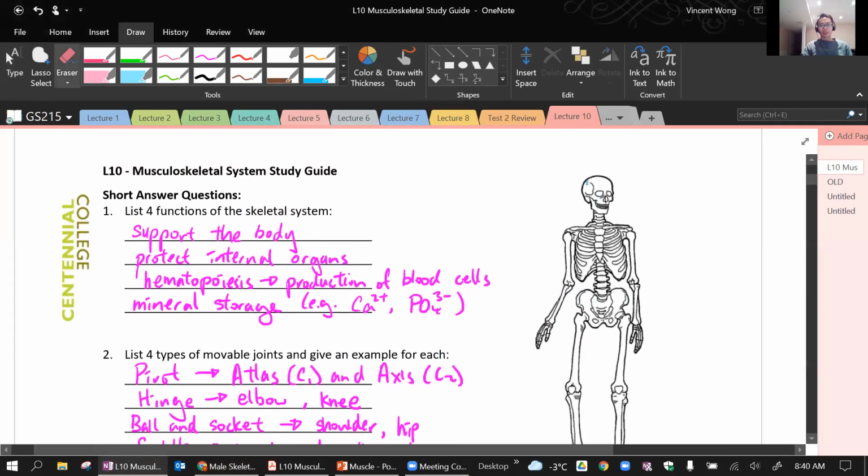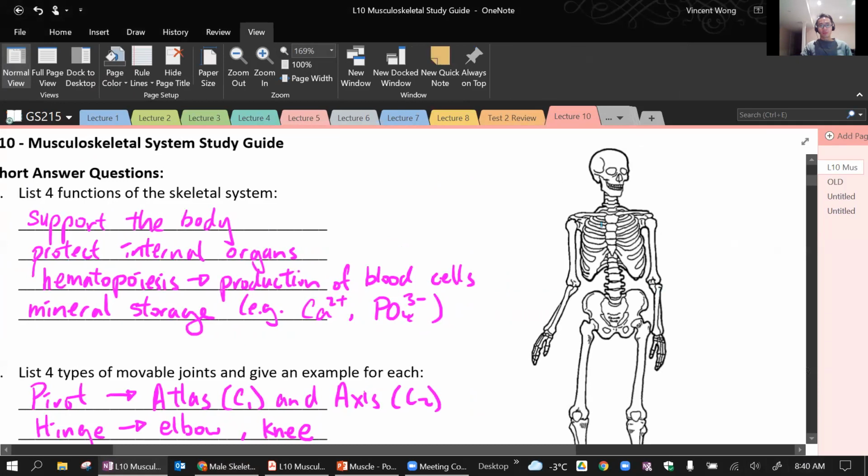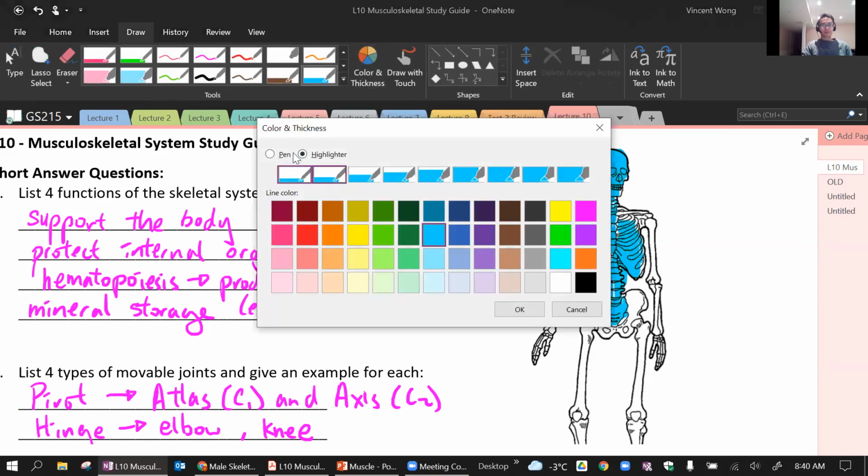So that includes the skull, which is right here, the vertebral column all the way, including the sacrum and the tailbone, which you cannot really see, as well as the rib cage. Okay, so there is your axial.